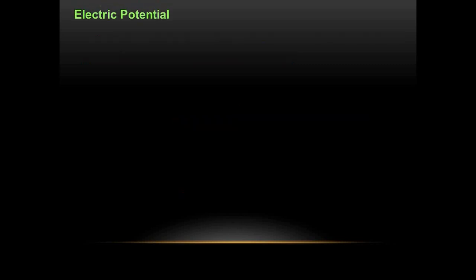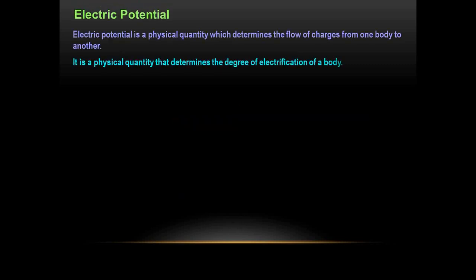So what is electric potential? Electric potential is a physical quantity which determines the flow of charges from one body to another, and it determines the degree of electrification of a body.